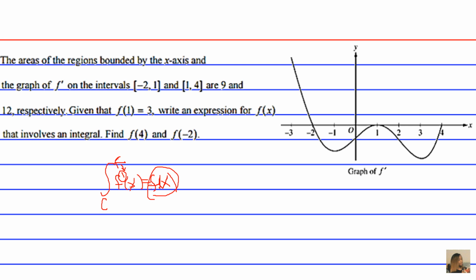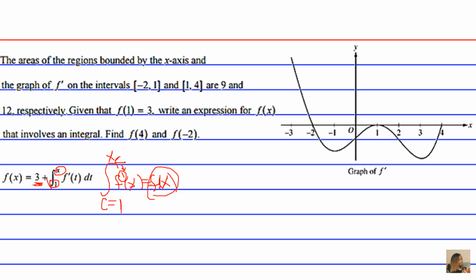And in this case, it has to be from a constant to some value of x, any value of x. And the constant that we have already, our initial condition that we're given, is 1. We know that f of 1 is going to give us 3, so we can represent that as an integral, okay? So f of x is equal to our initial condition, 3, plus the integral from 1 to x.